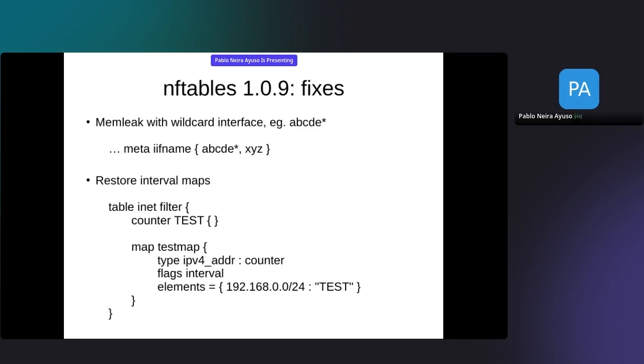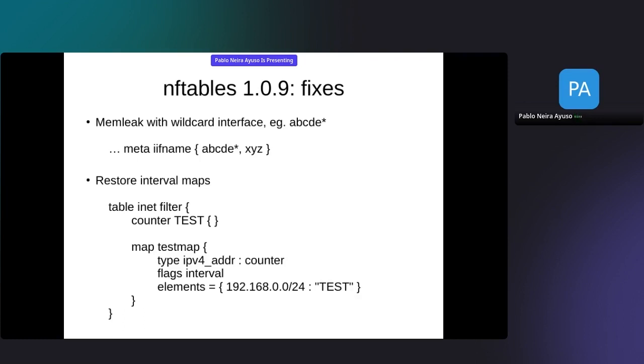And then fixes, lots of fixes went into the map leak when a wildcard interface is used inside a set, either implicit or explicit. There was a regression that broke interval maps when used with stateful objects such as counter. This also provides a scalable way.